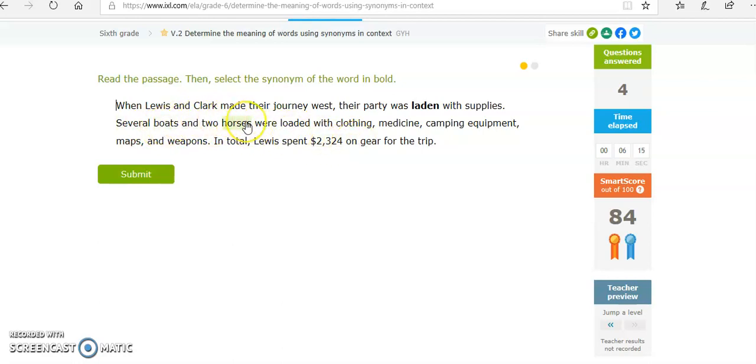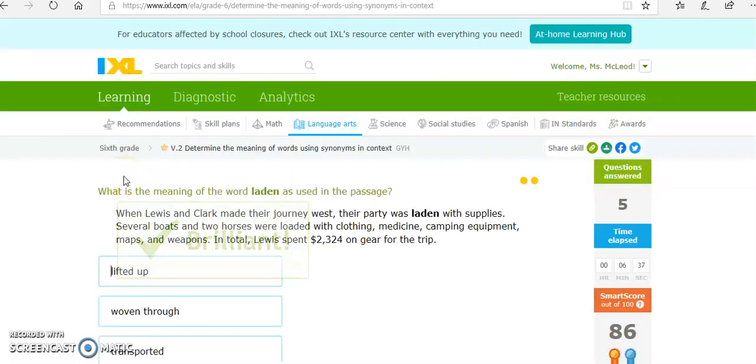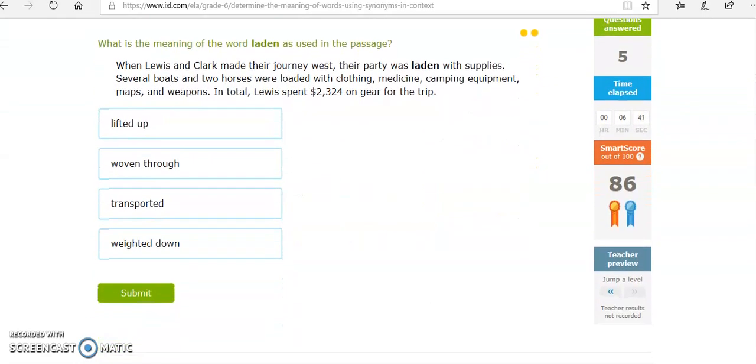Several boats and 2 horses were loaded. And these are the things that it was loaded with, and this was the cost. So their party was laden with supplies. So we're going to try loaded. All right. So what is the meaning of laden as it is used in the passage? So laden with supplies.